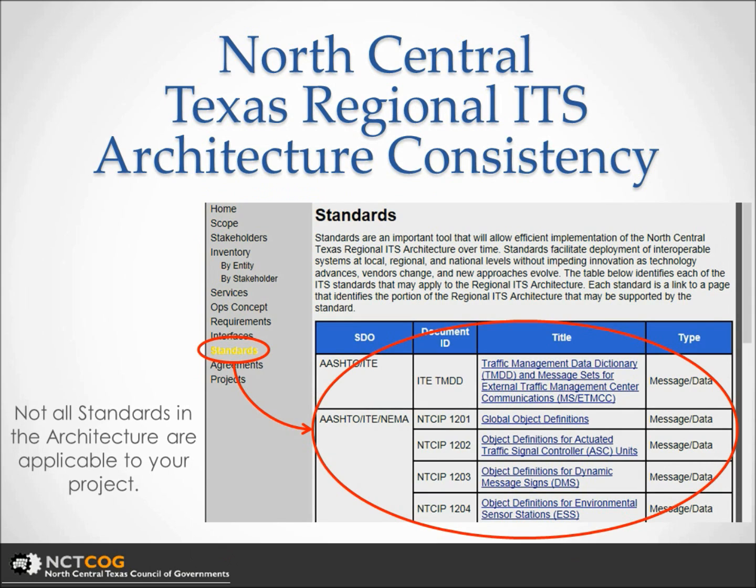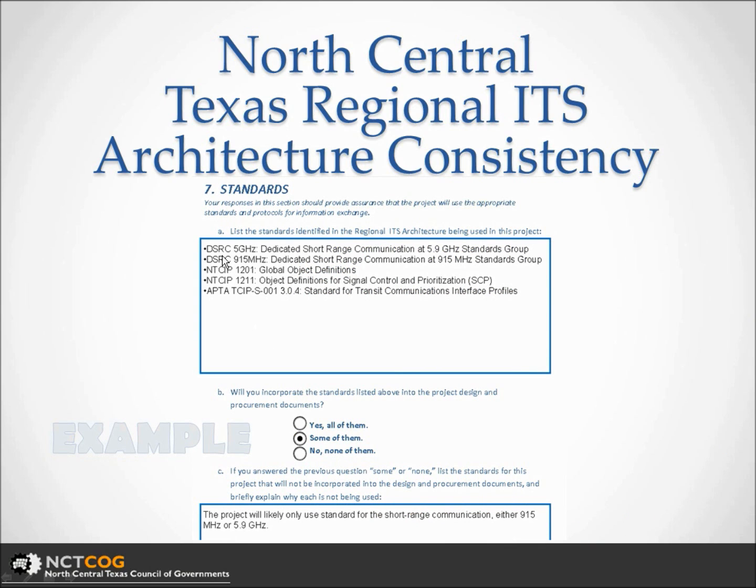The standards link on the ITS architecture website lists all standards that are appropriate for the North Central Texas Region ITS architecture. In this case, the ones that are relevant to this project are dedicated short-range communication 5 gigahertz, dedicated short-range communication 915 megahertz, global object definitions, NTCIP object definitions for signal control and prioritization, and APTA TCIP, standard for transit communication interface protocols.